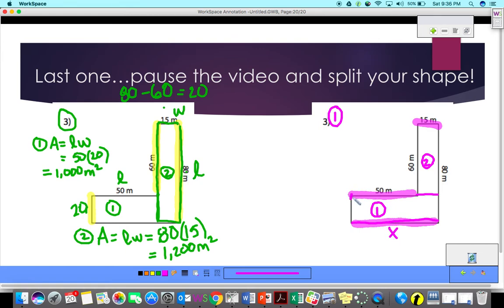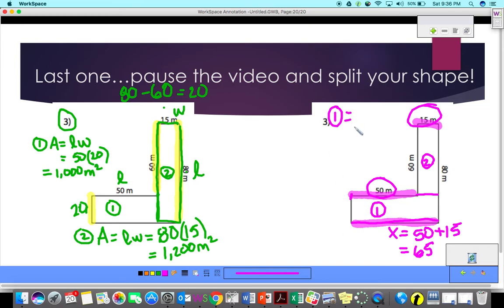Well, this x actually is the longest between this and this side. So I know if that's the longest, it's going to be the two sides added together. 50 plus 15, which is 65.